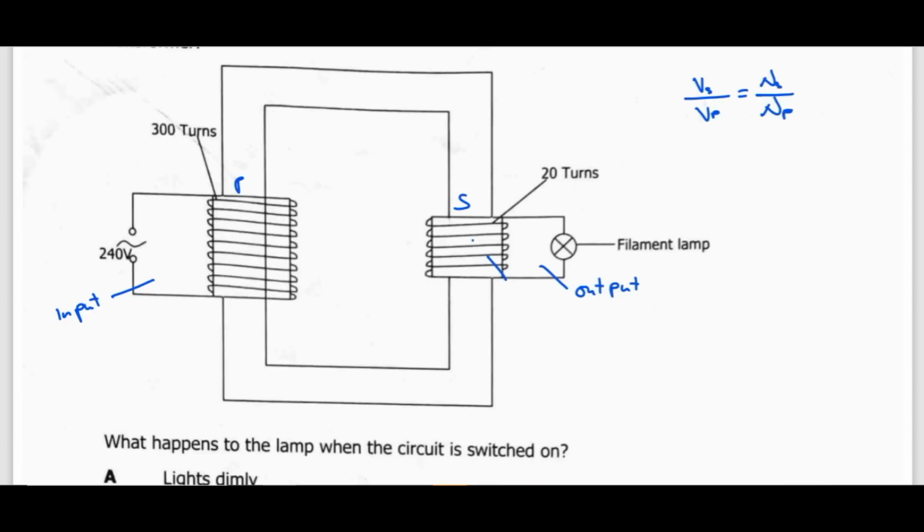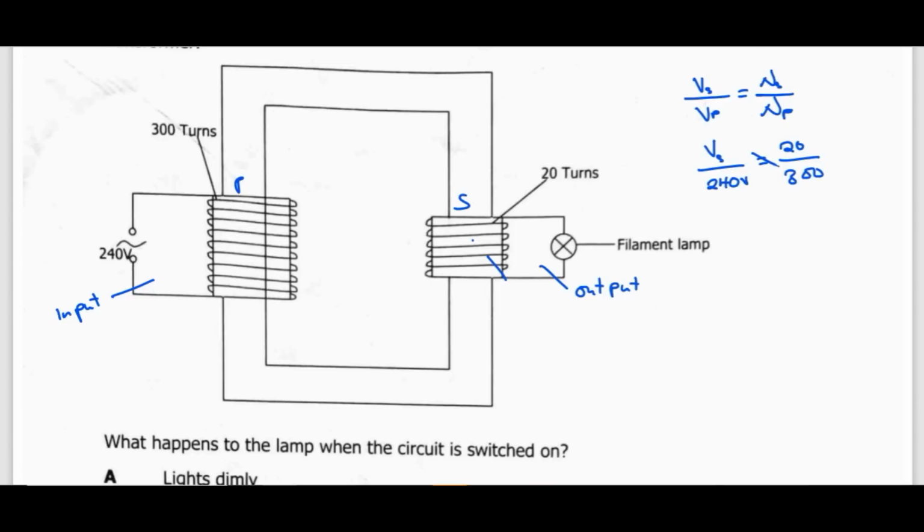So we'd say V over, on the primary, what is the voltage? So we have 240, and that is equal to number of turns on the secondary, so we have 20 over number of turns 300.